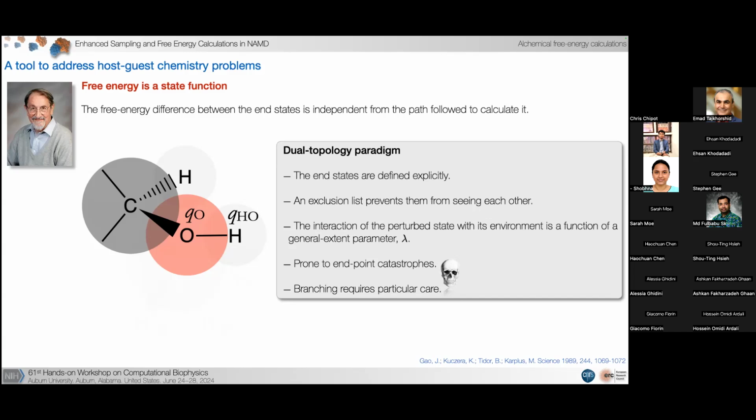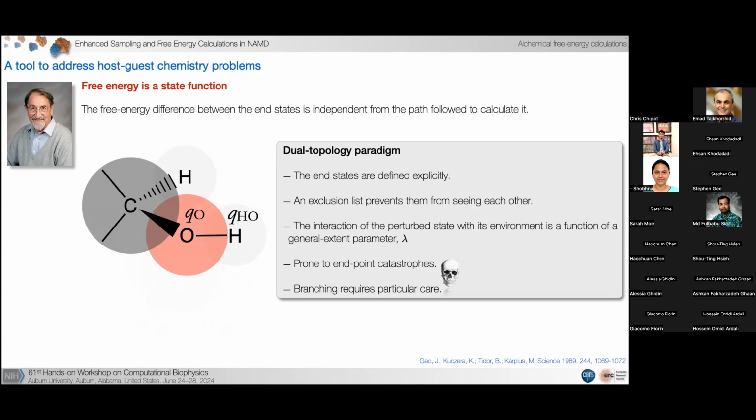Yes? Is there an explicit solvent in this case? Yeah. When I say we have two side chains that do not interact with each other, one of them interacts with its environment. The other doesn't see the environment and is not seen by the environment.